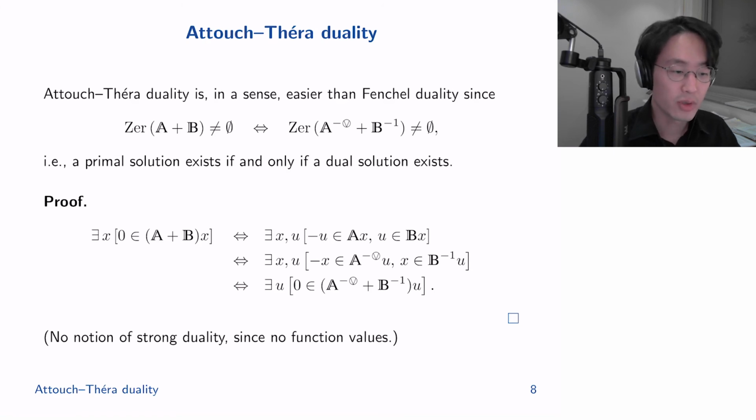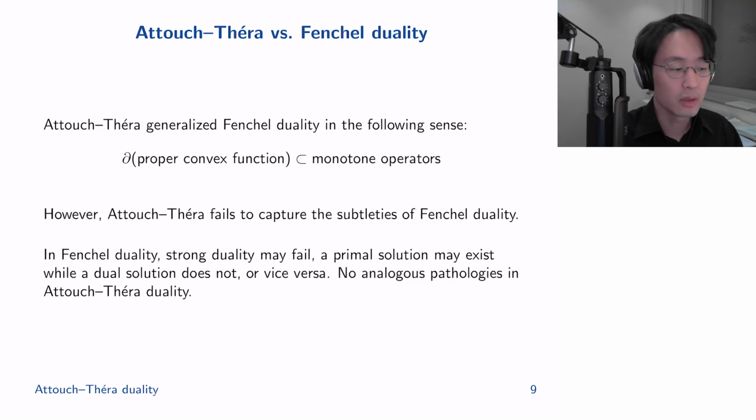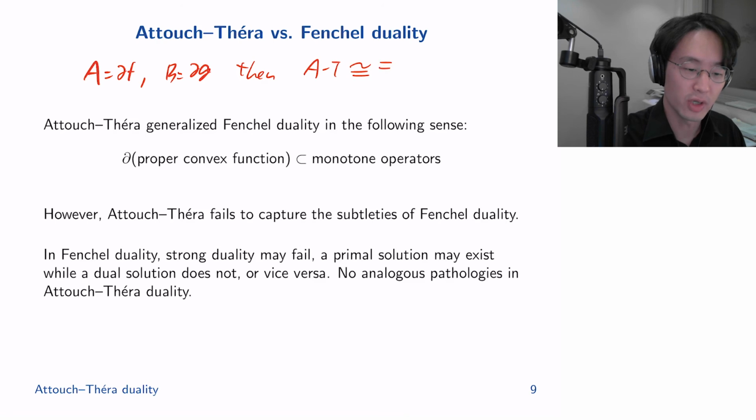When it comes to Attouch-Thera duality, there's no notion of strong duality because there is no notion of function values. Note that when A is equal to partial F and B is equal to partial G, then Attouch-Thera duality is roughly similar to Fenchel duality.